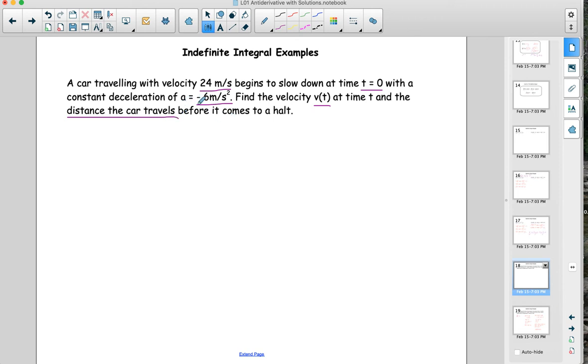If you want a couple of hints, I'm going to start by suggesting that velocity should be the integral of acceleration. And I do believe, if it was acceleration, I'm just going to put meters per second squared, and this would be time here.